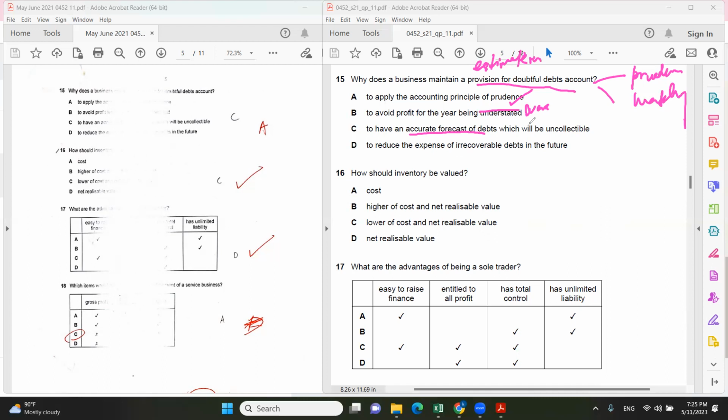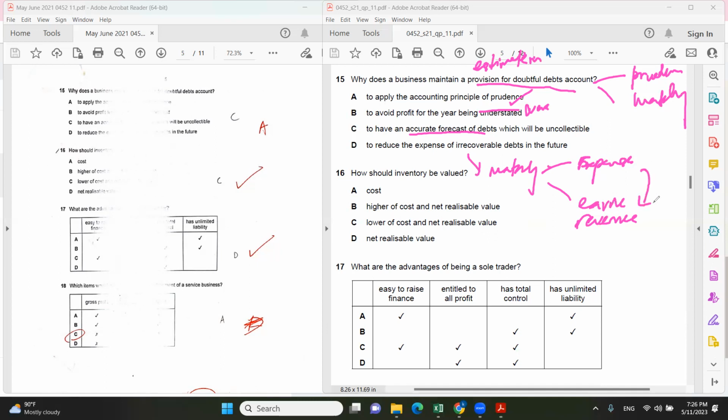The purpose is that we want to make sure, under the matching concept, that the expenses incurred cover the revenue earned. So when we make sales, we foresee that in future there may be some irrecoverable debt.